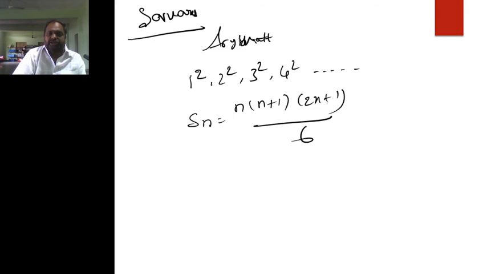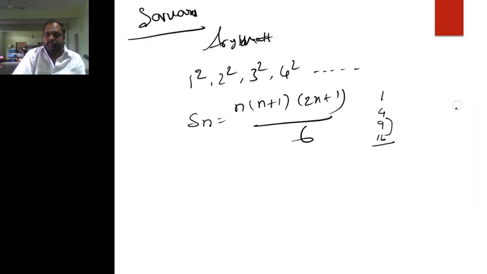If you want to check it, 1 square means 1, 2 square means 4, 3 square means 9, 4 square means 16. 16 plus 4, 20. 9 plus 1, 10. So 20 plus 10 is 30.